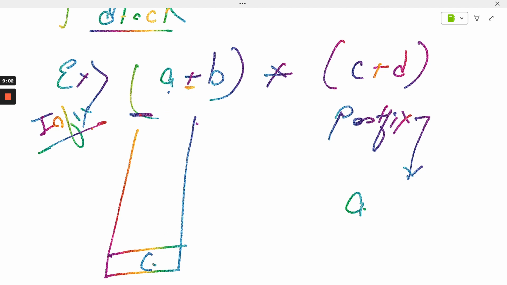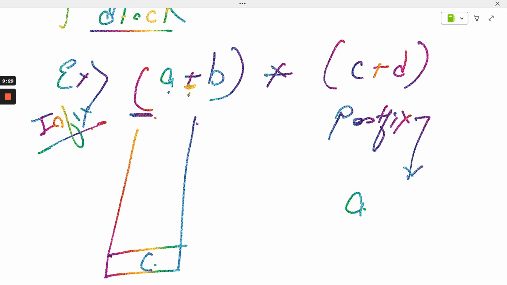Now plus and this. See what happens: this is an opening bracket and this is a closing bracket. When we encounter this plus after a, this plus has lower precedence and this has higher precedence.